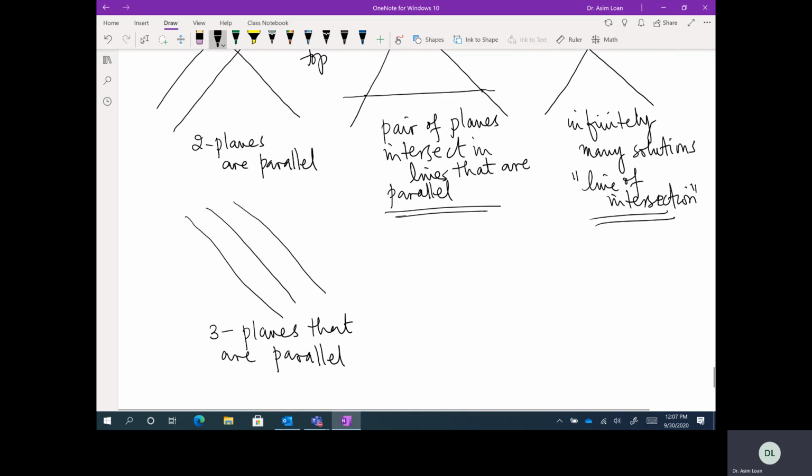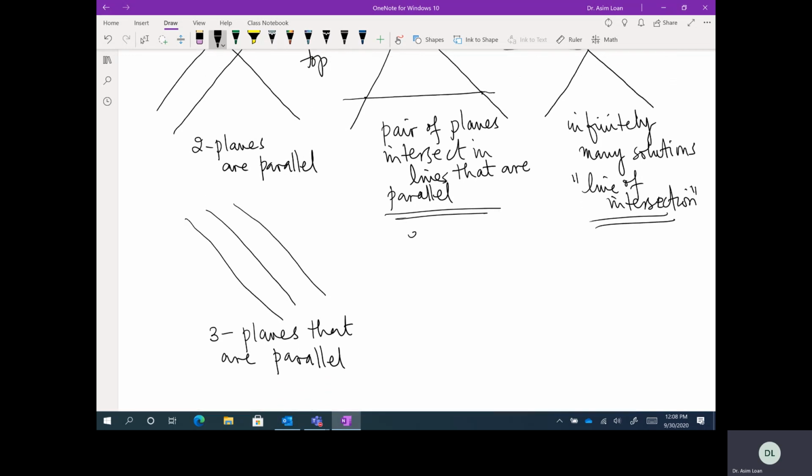And let's look at this example here. Again, same example, or maybe another example: u plus v plus w equals 2, u plus 3w equals 5, and then I have 3u plus v plus 4w equals 6.